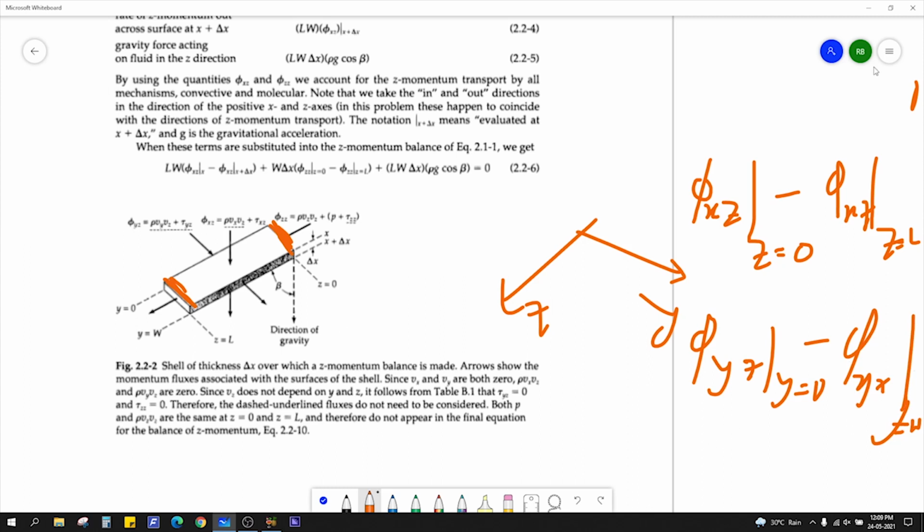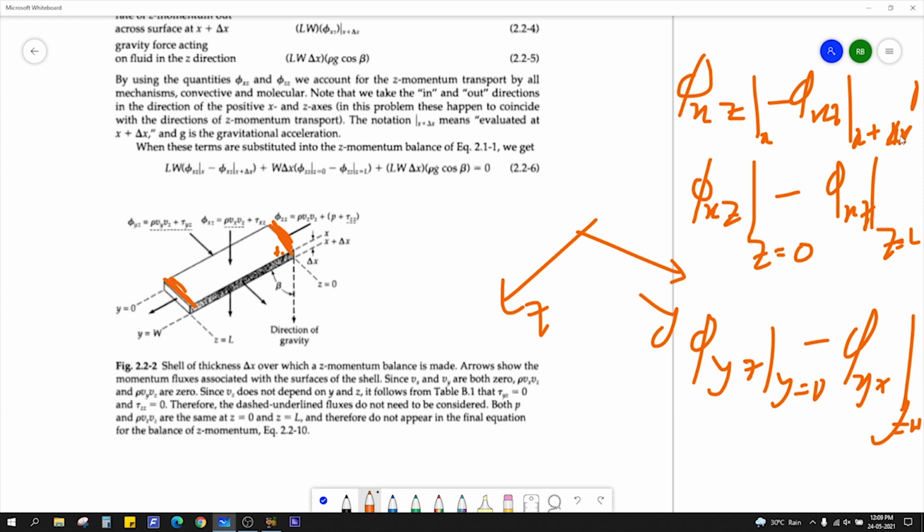Similarly, in the x direction we have phi xz at the in point, minus phi xz at the out point, x plus delta x, because you have taken a thin film.